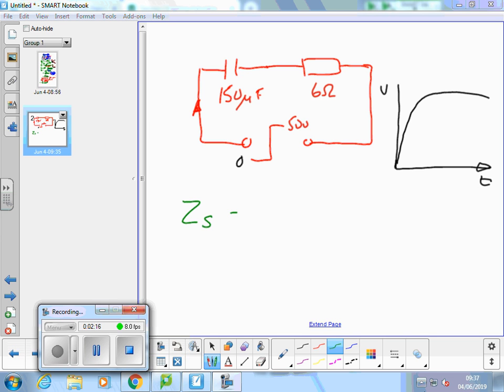We write an expression for ZS, which is 6 for the resistor plus 1 over 0.0015 S. That's an expression for our impedance, and then we want an expression for the voltage.